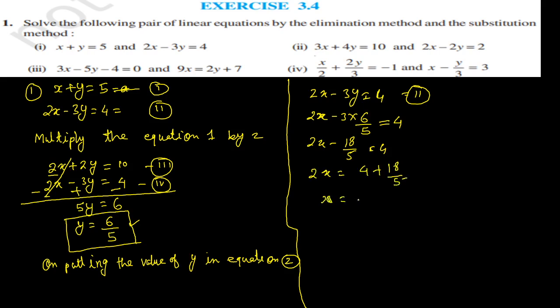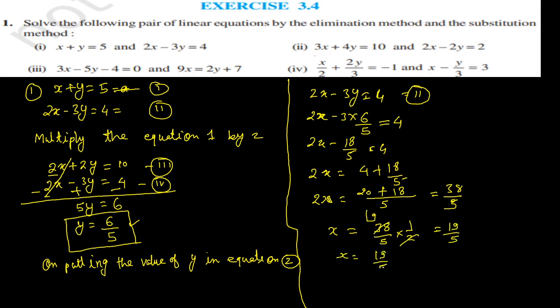So 2x is equal to 20 plus 18, that is 38 by 5. So x is equal to 38 by 5 into 1 upon 2. You will cancel it. You will get 19 by 5. x is equal to 19 by 5. On solving it, you will get x is equal to 19.5. So in this way we can solve this equation.